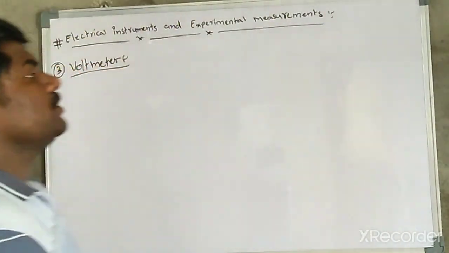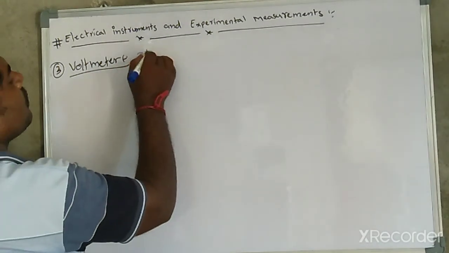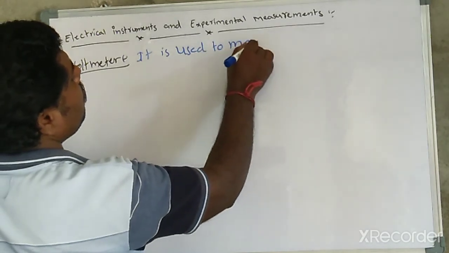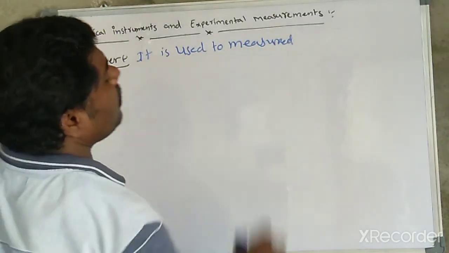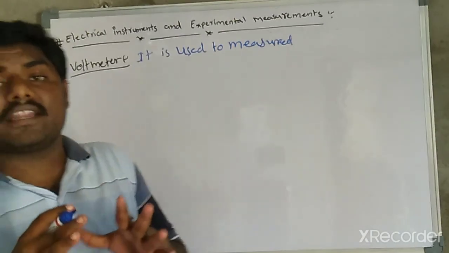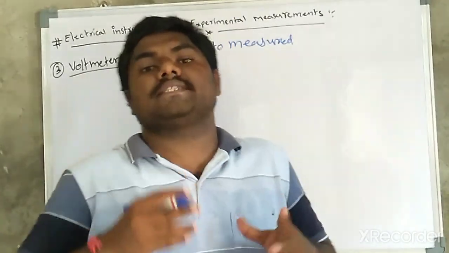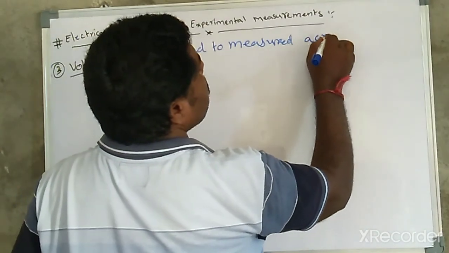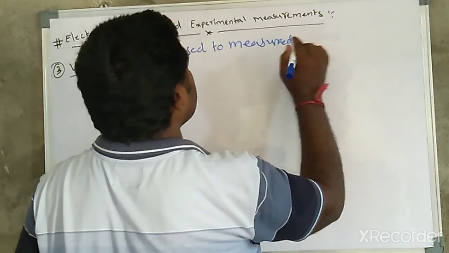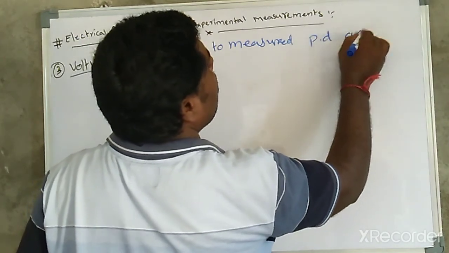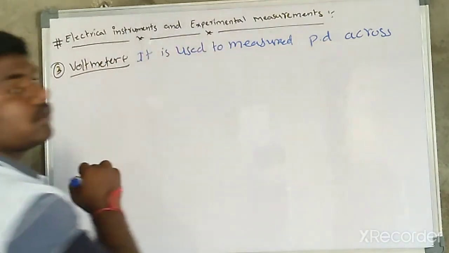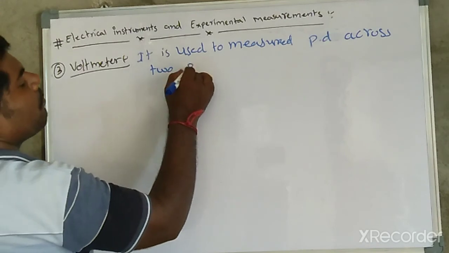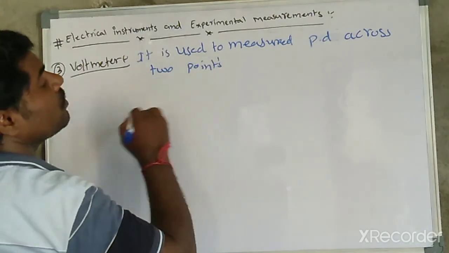So here it is used to measure potential difference across 2 points in a circuit.